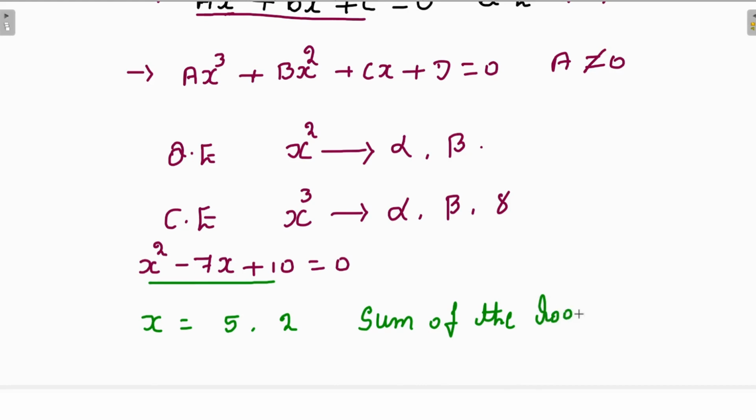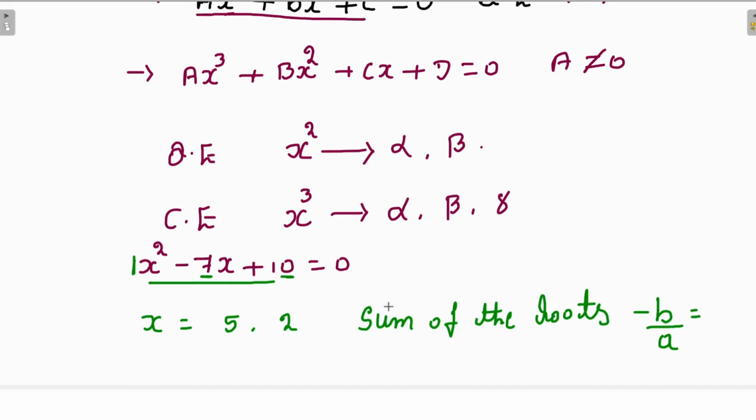To find the sum of the roots in a quadratic equation, minus b by a is the answer. In this equation, this value is a, this value is b, and this value is c.